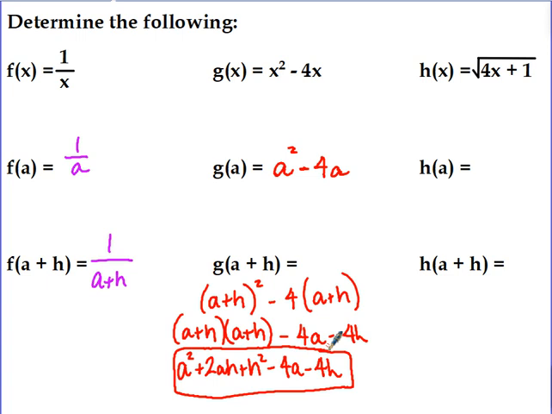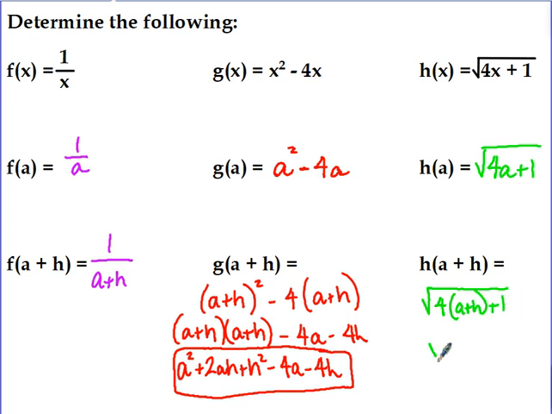And then finally over here, if h of x equals the square root of 4x plus 1, then h of a is going to be the square root of 4a plus 1. And h of a plus h is going to be the square root of 4 times a plus h plus 1.